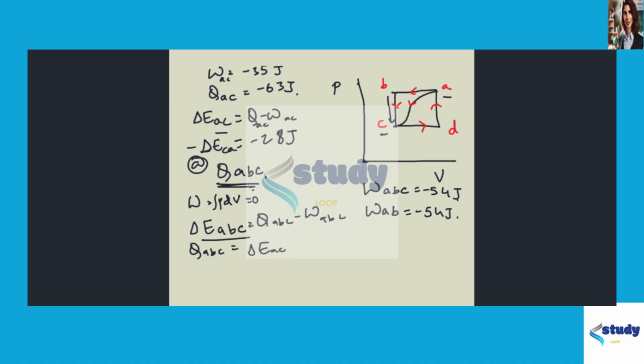It does not depend on anything in between. So B is irrelevant. And we already saw that W_ABC is simply W_AB. If you remember, delta E_AC is minus 28 joules plus W_AB is minus 54 joules, giving us minus 82 joules. This is Q_ABC.